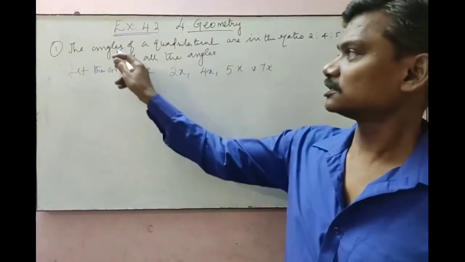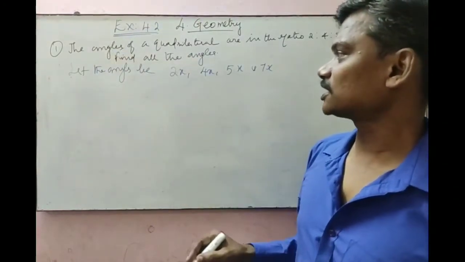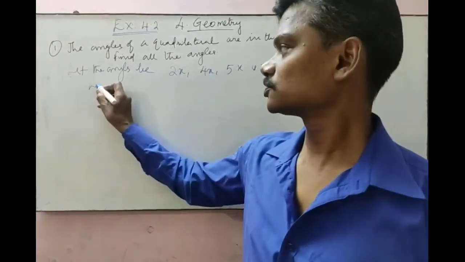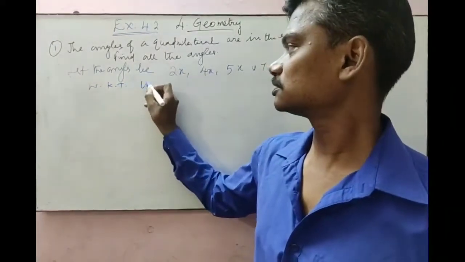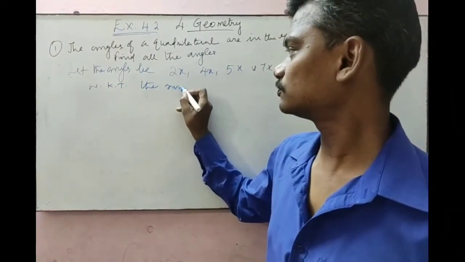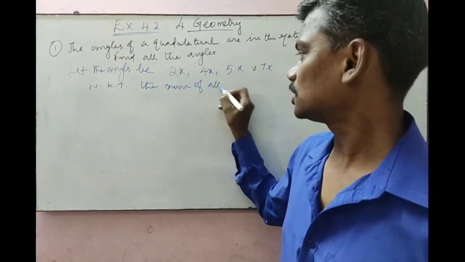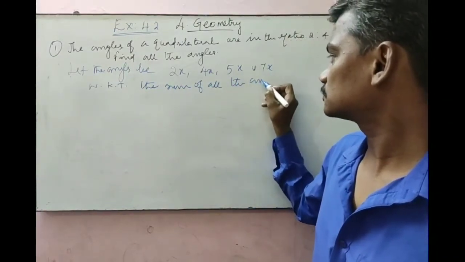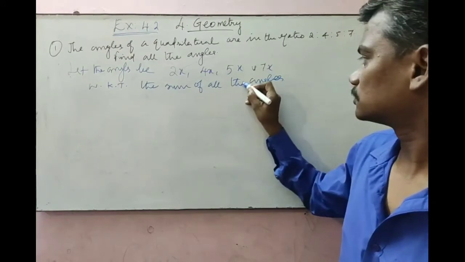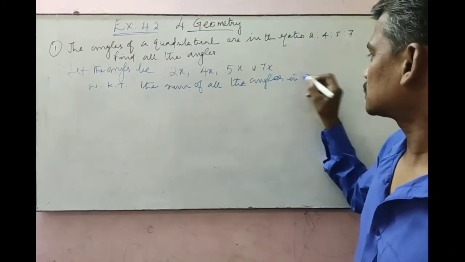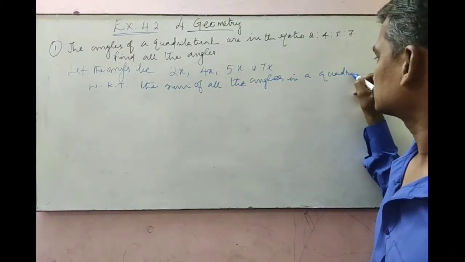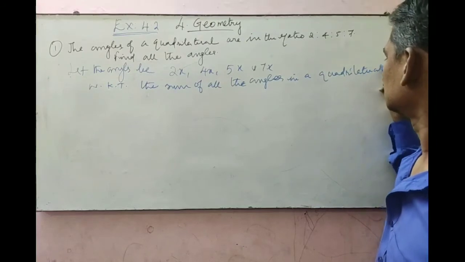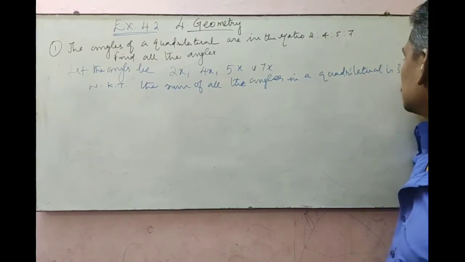We know that the sum of all the angles in a quadrilateral is 360 degrees.